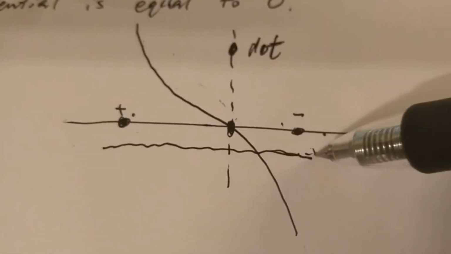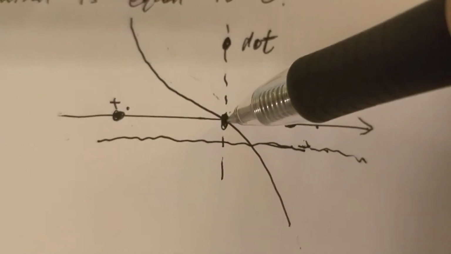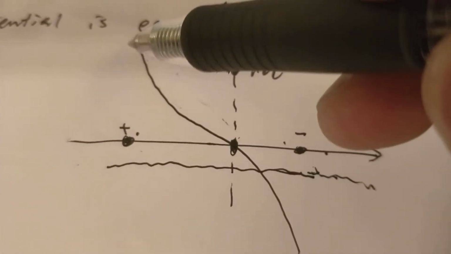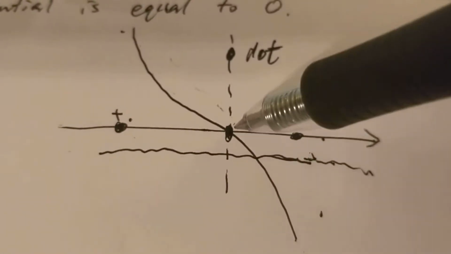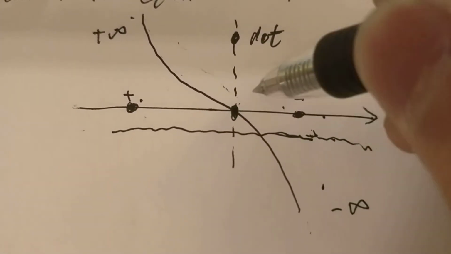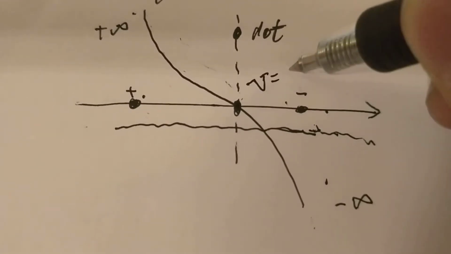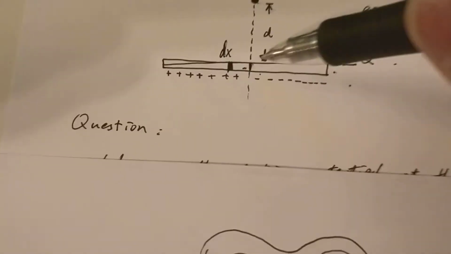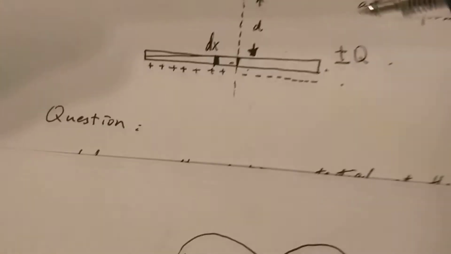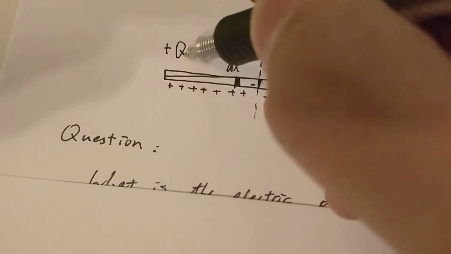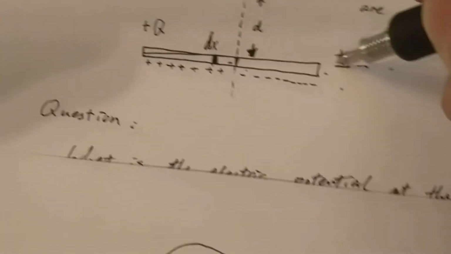At this point it goes from positive to negative charge, which means there has to be a zero, because from positive infinity to negative infinity there has to be a point where the electrical potential equals zero, which happens to be right in the middle, because we have a positive charge Q on the left-hand side and a negative charge Q on the right-hand side.